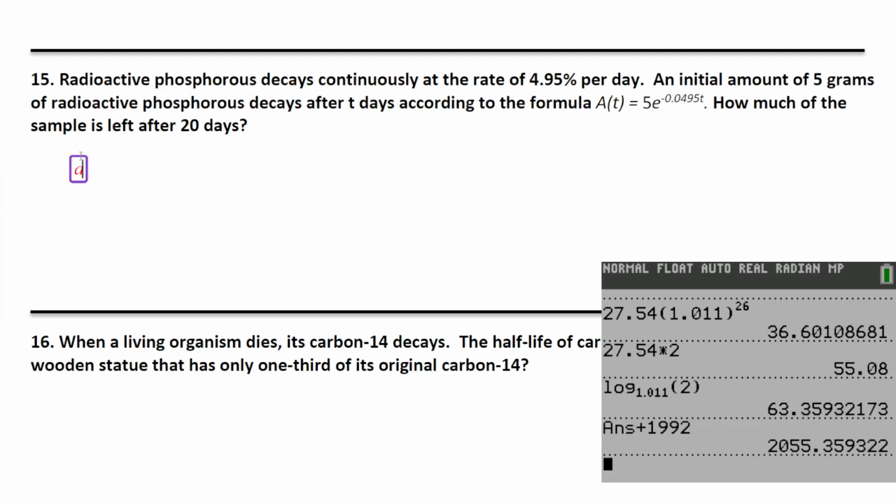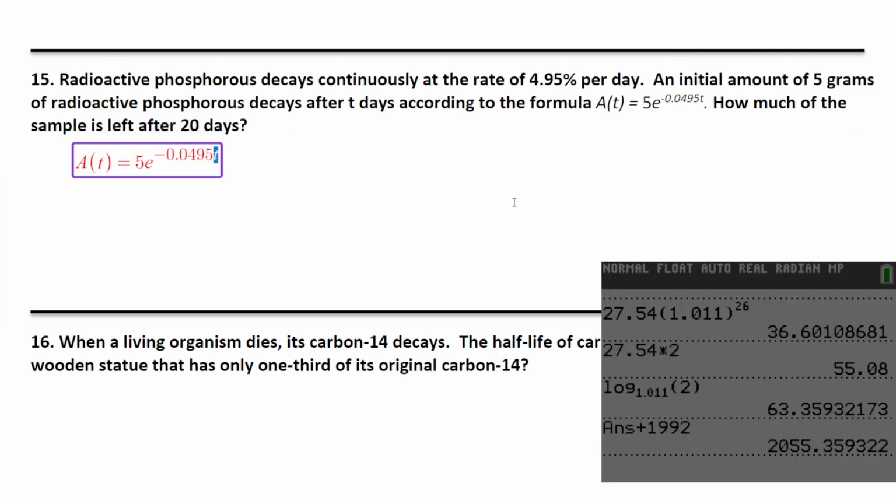So we've got this formula, this A of T. That's the amount that's left in terms of time. 5 times Euler's number to the power of negative 0.0495 T. And we're saying how much of the sample is left after 20 days. This is just going to be a simple case of plugging in 20 here.